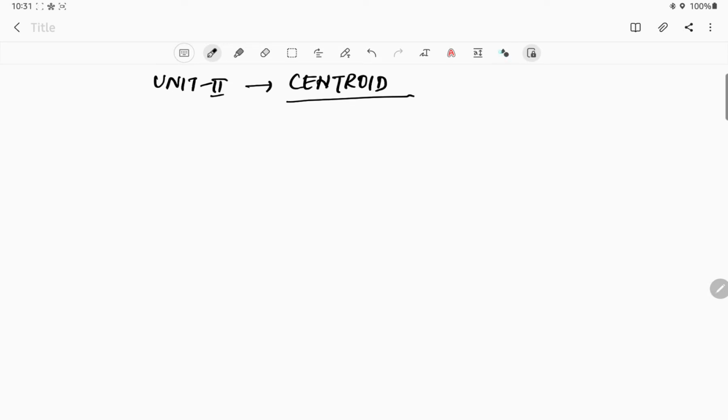I'll give you an example of what centroid actually is. Suppose I have a triangle like this. When you draw a triangle, suppose this is one side.